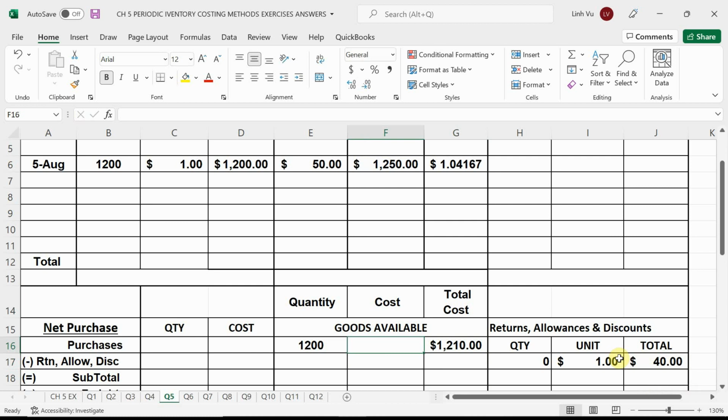So I need to now solve for my new average cost, because now I have a new total cost and I'm spreading it among the total quantity. So in this case, what is my cost per item?